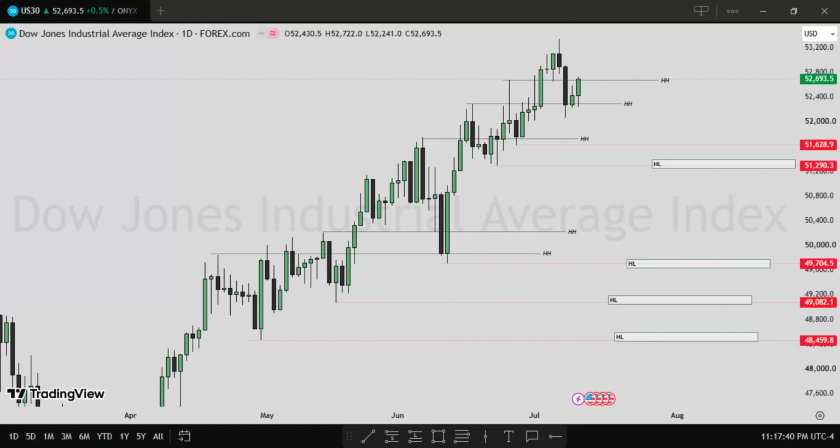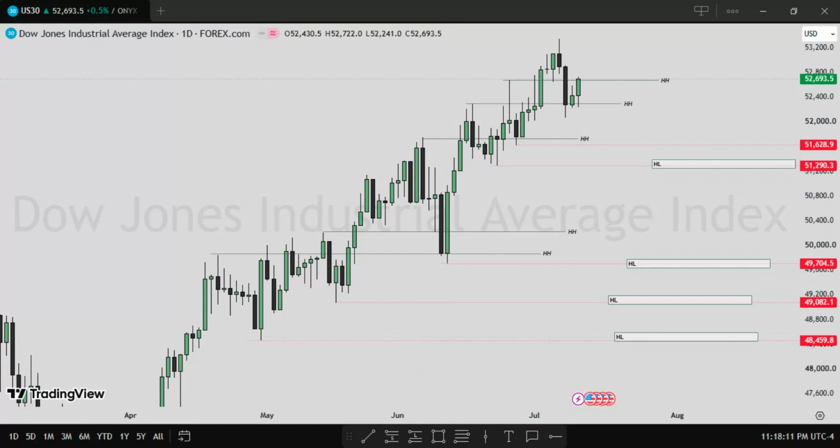So the next thing we're going to be speaking about is the downtrend. A downtrend is the opposite, and in a simple definition, this is when the sellers are in control. During this kind of market, we keep seeing lower highs and lower lows, which shows that sellers are in control.